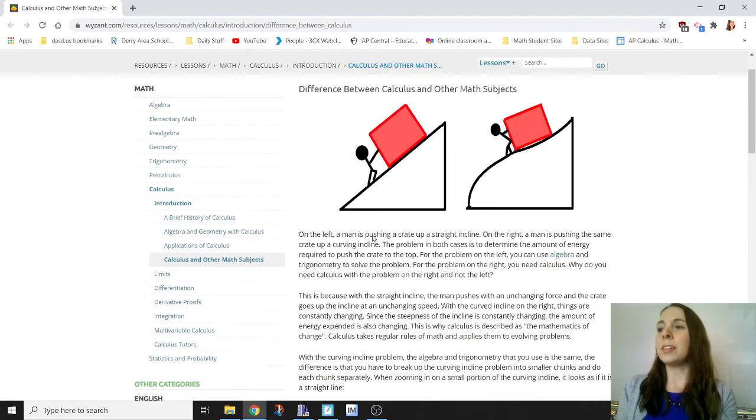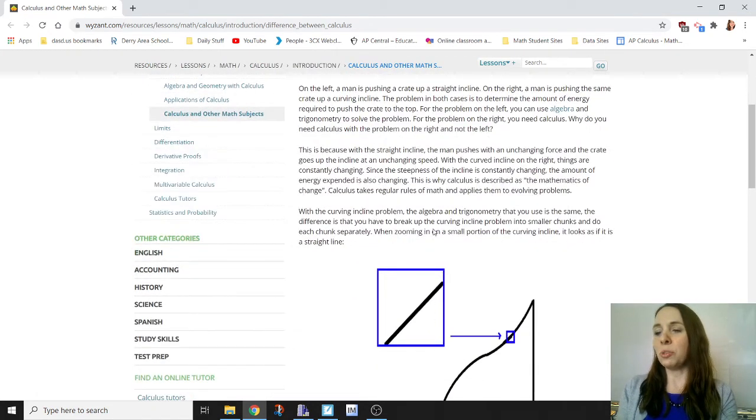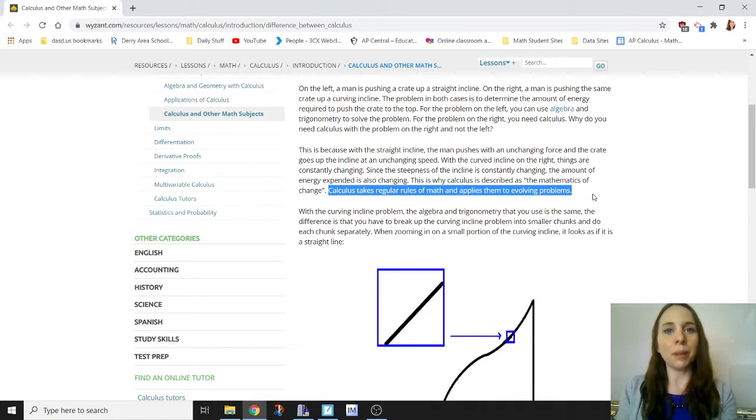I will link this website in my Google Classroom in case you want to see all of this. But right here, this is what I want to take out of it right now. Calculus takes regular rules of math and applies them to evolving problems.